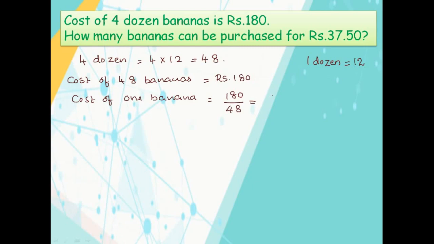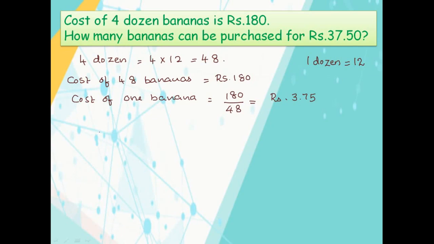It is equal to rupees 3.75. Please do the division process in your notebook and find the answer as 3.75. If anybody has a doubt about this division, please ask me directly. So, the cost of 1 banana is 3.75.